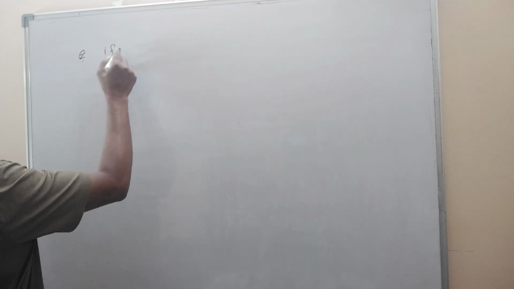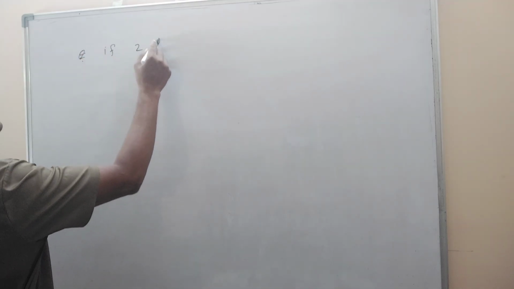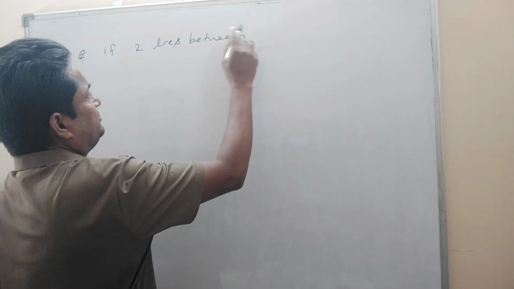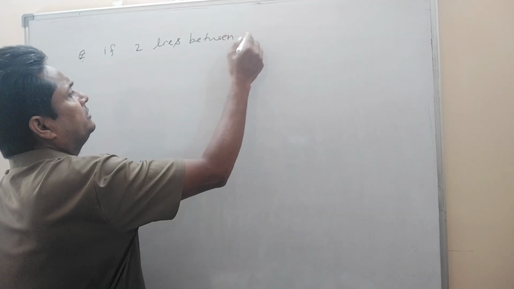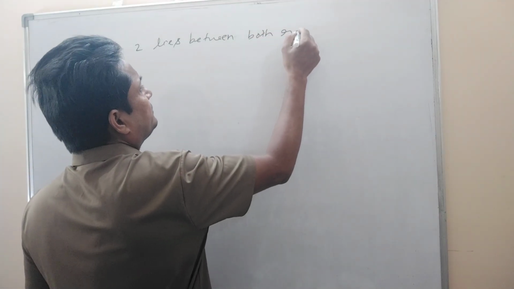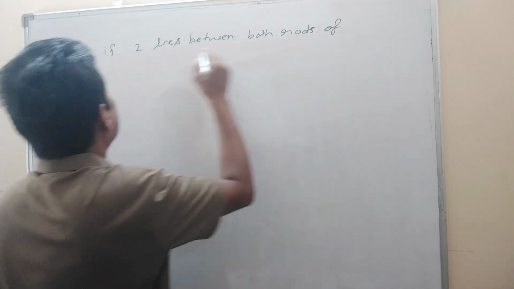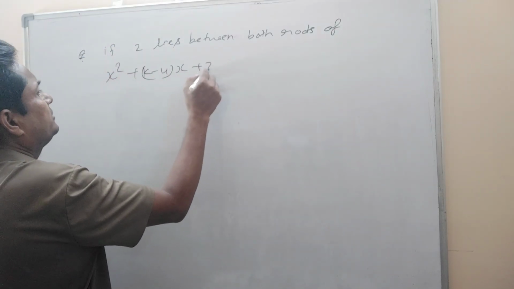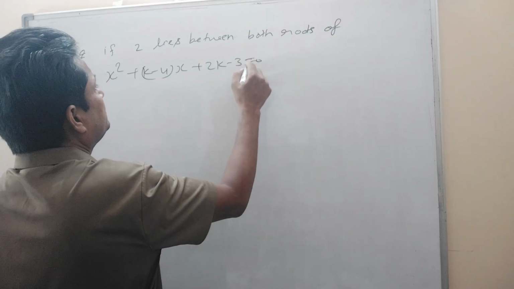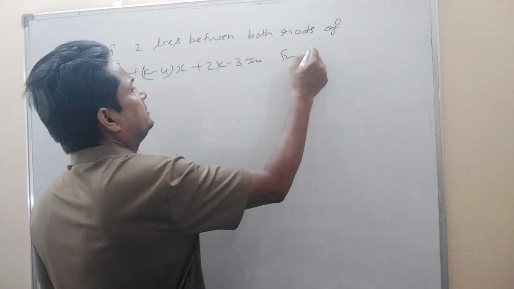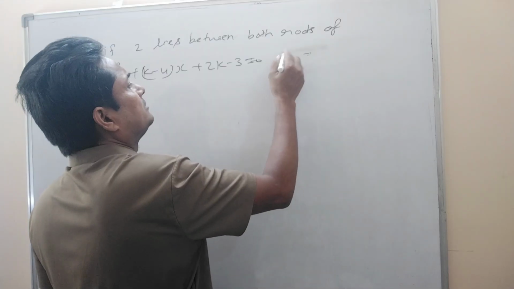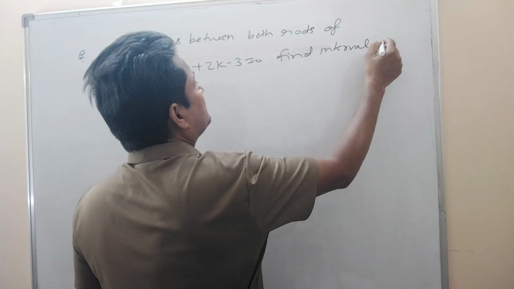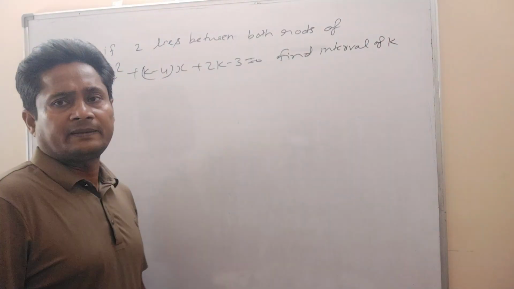Question is, if 2 lies between both roots of x square plus (k minus 4) into x plus (2k minus 3) is equal to 0, find interval of k.